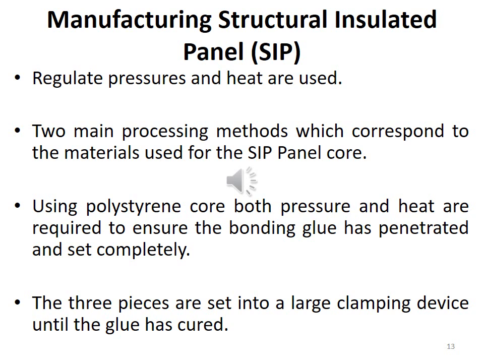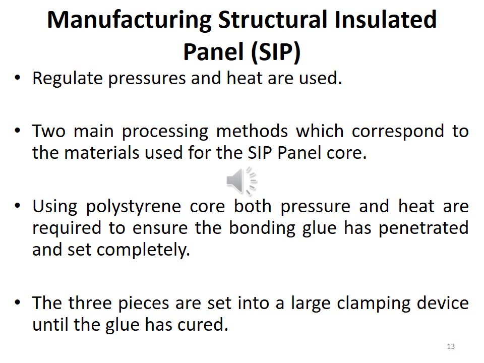There are two main processing methods which correspond to the material used for the structural insulated panel core. When manufacturing a panel with polystyrene core, both pressure and heat are required to ensure the bonding glue has penetrated and set completely.